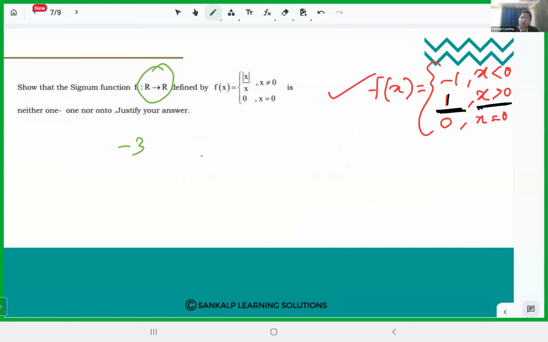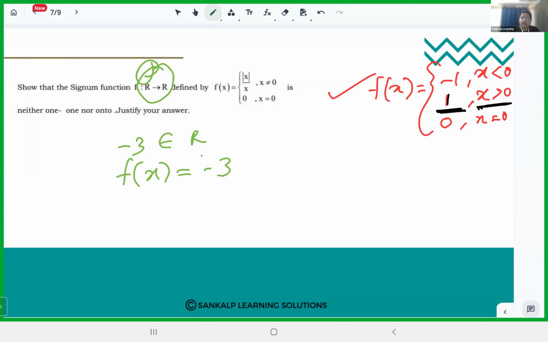So R contains all the real numbers, all types of numbers, so negative numbers are also included. If I take minus 3 belongs to R, can you find an x from the domain R such that f of x is equal to minus 3?